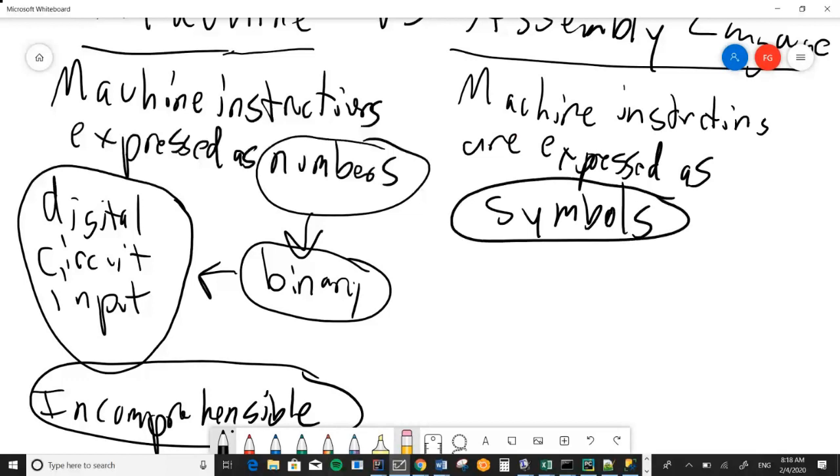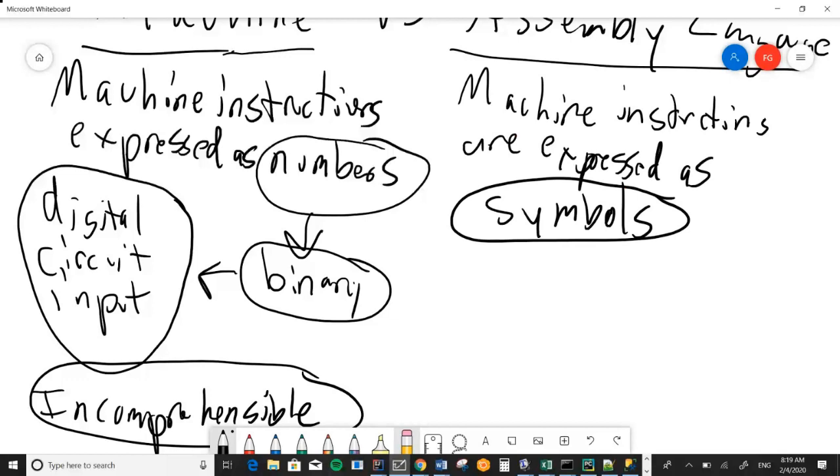In other words, instead of having some numerical representation of what the instruction is, we come up with a symbolic representation that's fundamentally easier for a human to read.